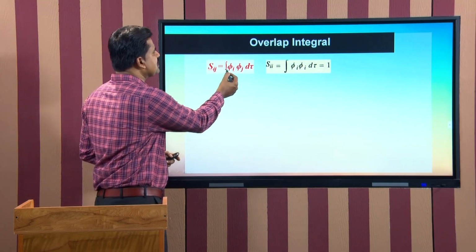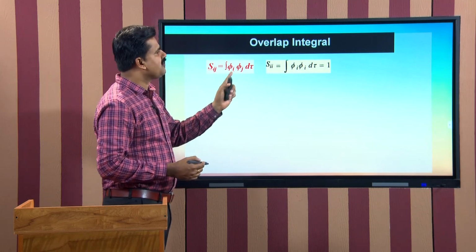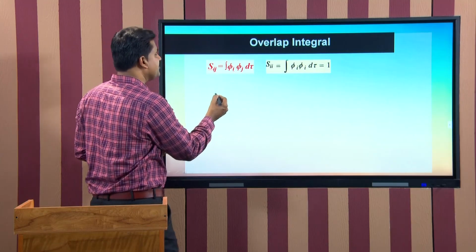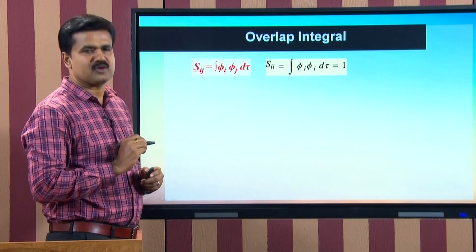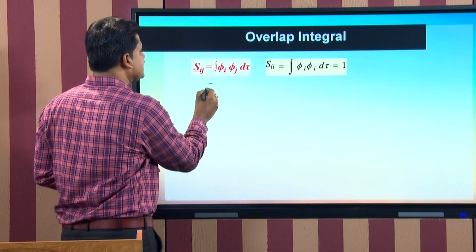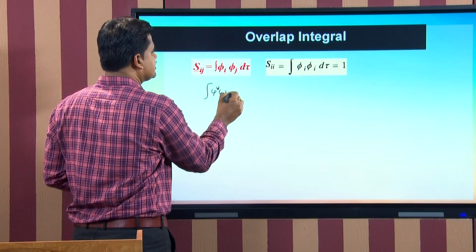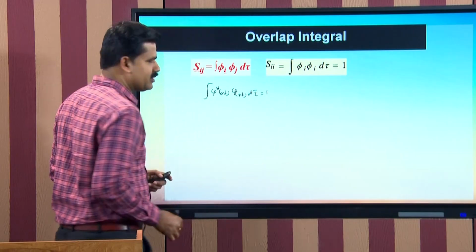If both are same, then I can represent it as Sii. As per the condition for normalization, based on the quantum mechanical postulate, a function must be normalized. The condition for normalization is integral psi star of r psi of r d tau must be equal to unity.